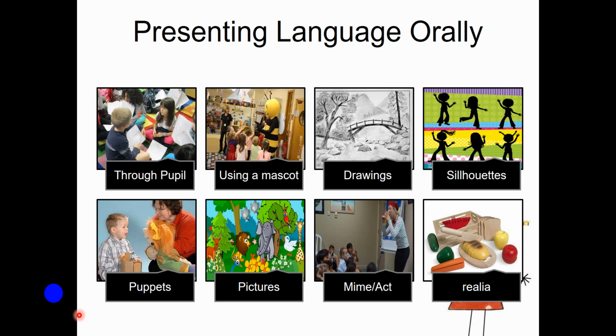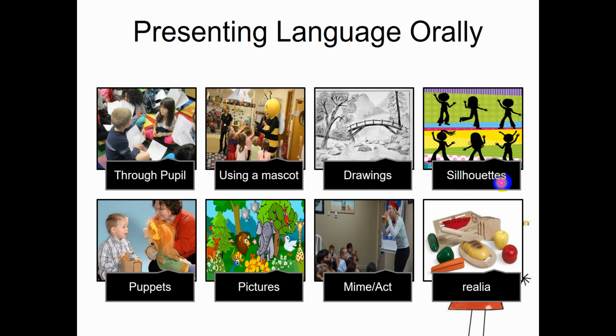Then in a children's class, how do we present the language? One, we can present the language from the students themselves. We can also present the language by using a mascot like this. We can also use drawings, so they learn the vocabulary and the expressions from the drawings.